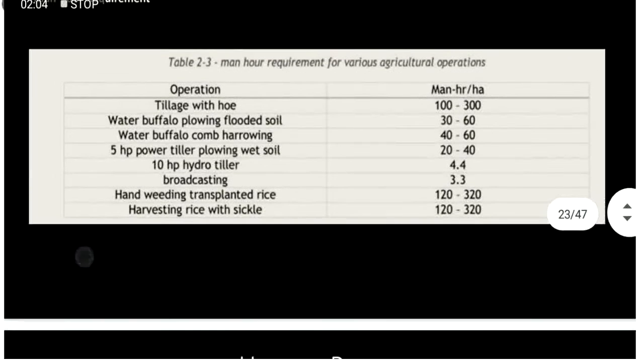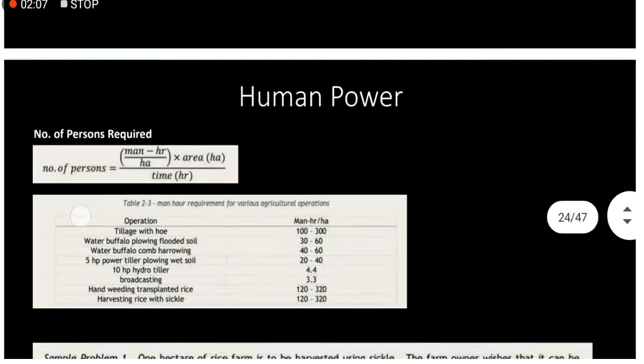If we have data like this, we can now compute the number of persons required to finish a specific job.